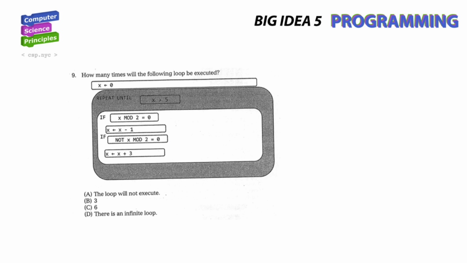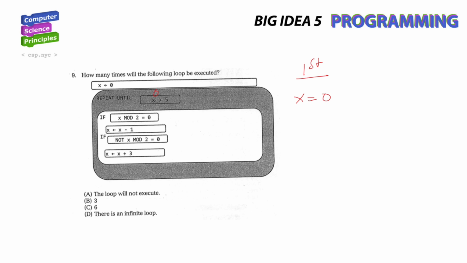So question number 9, this comes from the formula supplemental sheet that you get during the computer science test. And so it's a slightly different representation. So we're told at first that x is given the value of 0. So when x equals 0 and it goes in, so this is our first run.